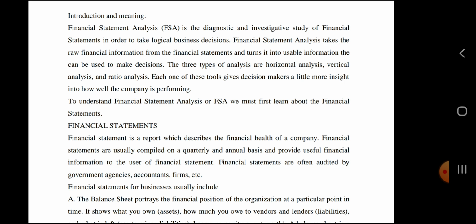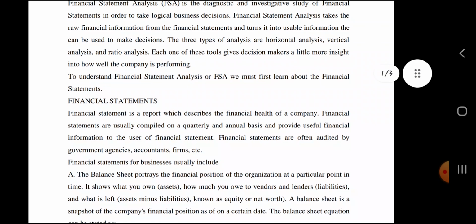Okay, and according to that information we compute a ratio, we understand the relationship between those two figures, and according to those figures we decide whether the financial position of that company or that business is good or bad.